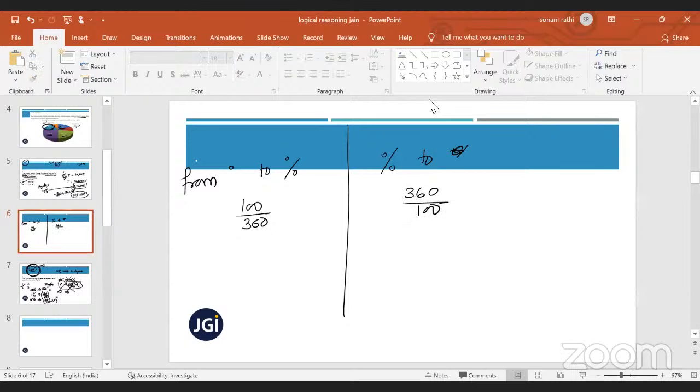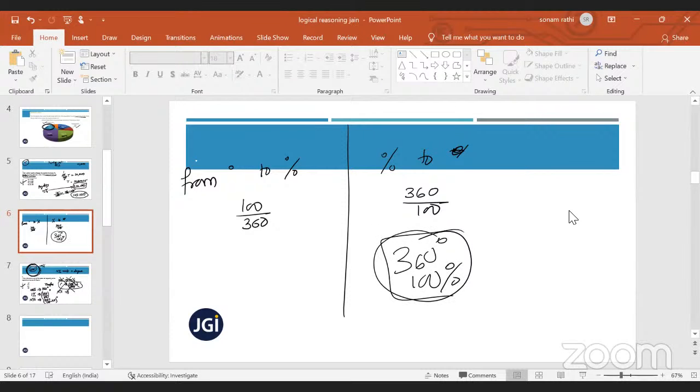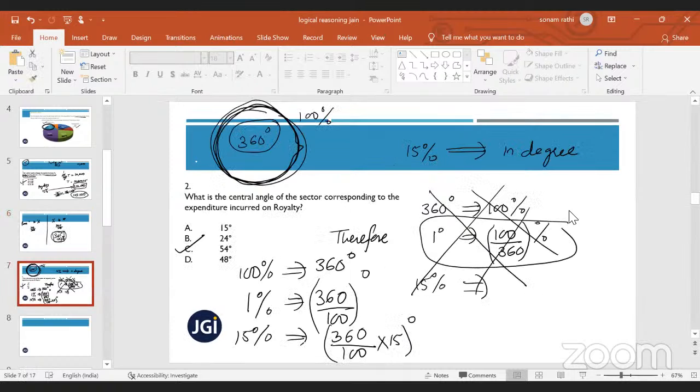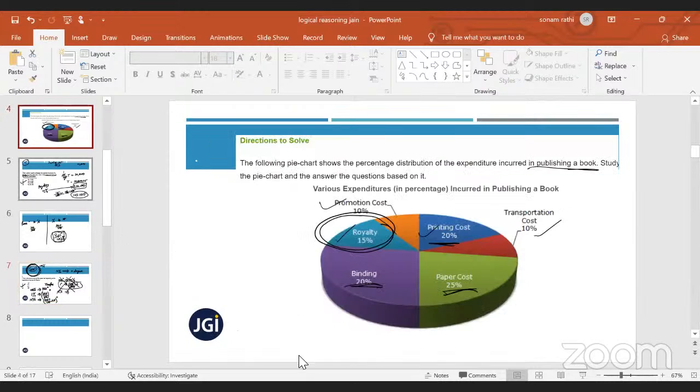So basic calculation, right? One complete circle is 360 degrees as well as 100%. You just have to equate these two things. That's what we have done, equating. Okay, here is the data. Those who are joining late, please note down the data.